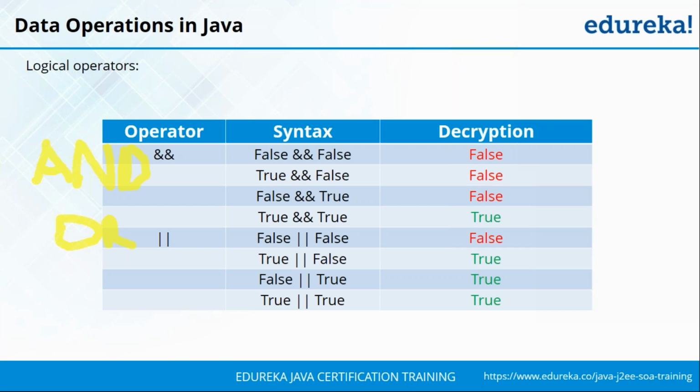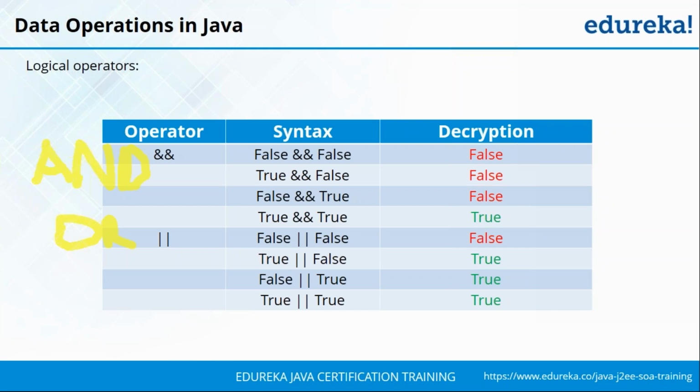Same like your relational operators, logical operators also give you a Boolean value as the output, but only in case operand 1 and operand 2, that is the operand to the left and the operand to the right of the logical AND, are true will you get the output to be true. But the logical OR differs from the logical AND in that if at least one of the values is true, then it returns true. So in case both are true, you have true, and only in case both operands are false will you get the output to be false.